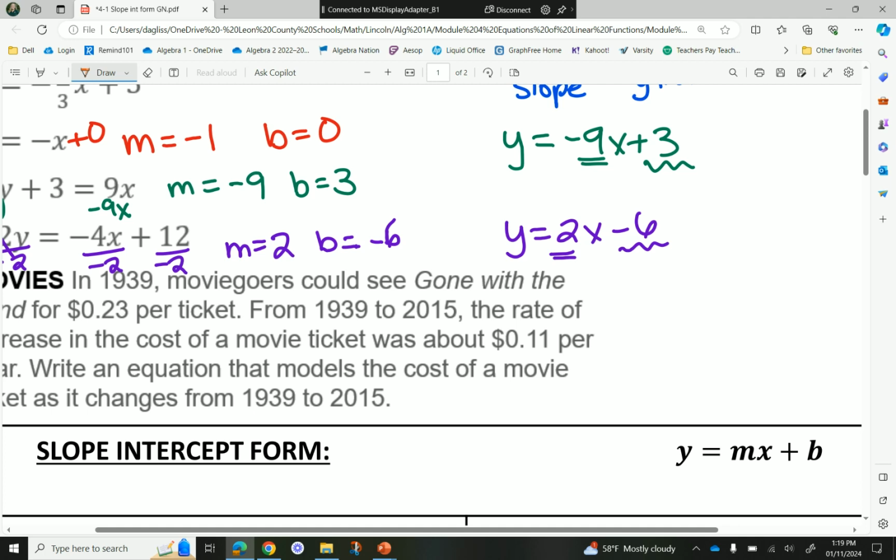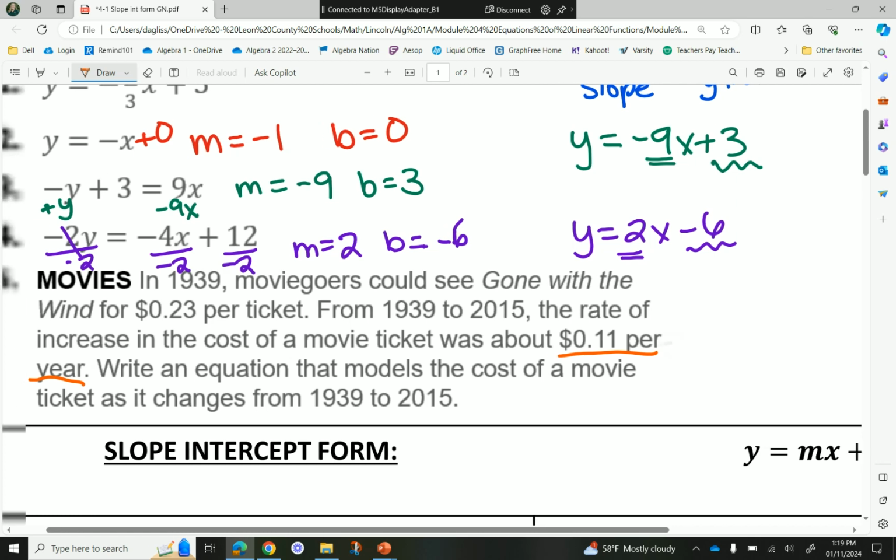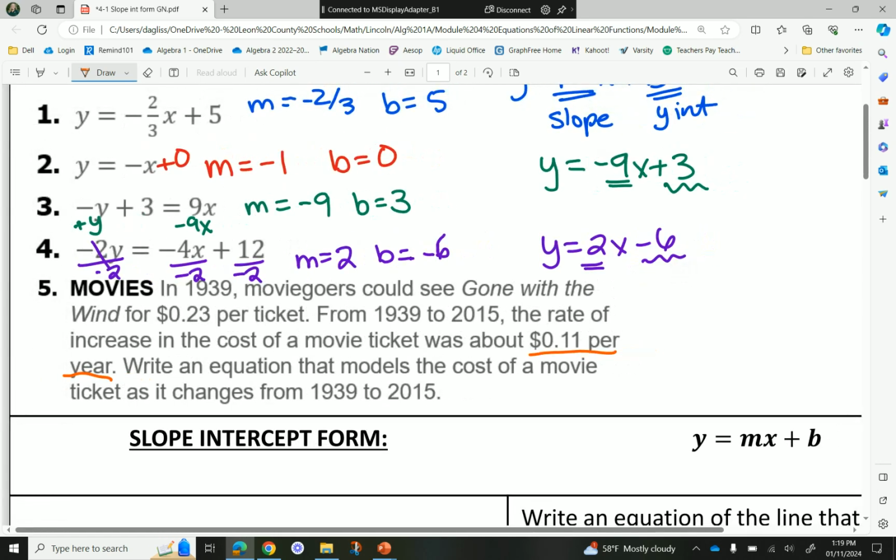So how did my ticket price change? What did it say? 11 cents per year. Is that the slope? Is that how it moves? Or is that the y-intercept where you begin? It's my slope. Okay, that's going to be how we change each year. So I'm going to write that as 0.11.